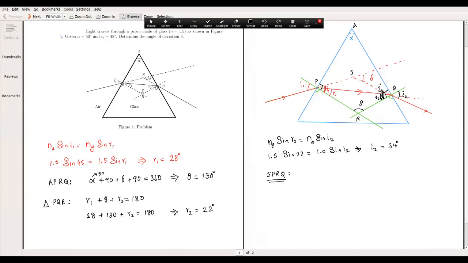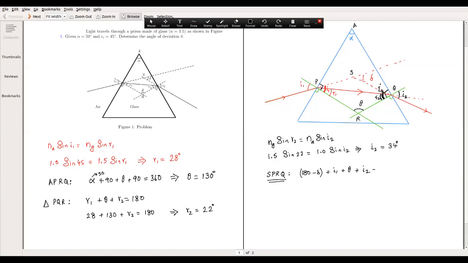And in that quadrilateral, let's start with the angle S, which is 180 minus delta, plus the angle P in the quadrilateral, that's I1, because the dotted line here is the projection of the incident ray, and the angle between the incident ray and the normal line is I1, plus angle theta, which we have is 130 degrees, plus I2 here again, because the angle between this dotted line and the normal line is the same as the angle between the refracted ray and the green line, and this dotted line is nothing but the refracted ray traced backwards.